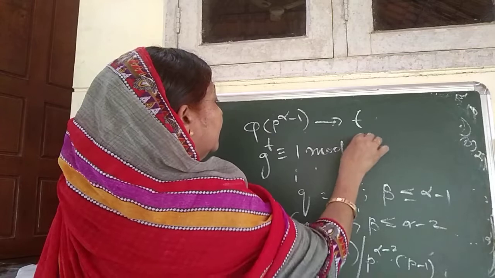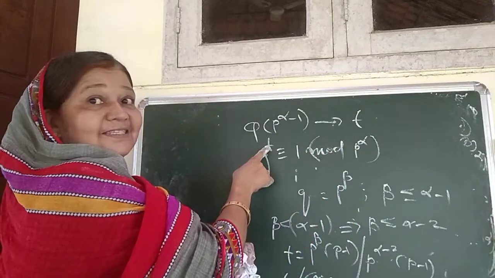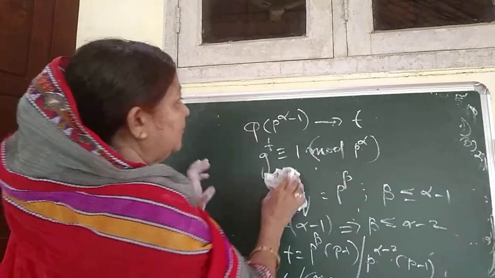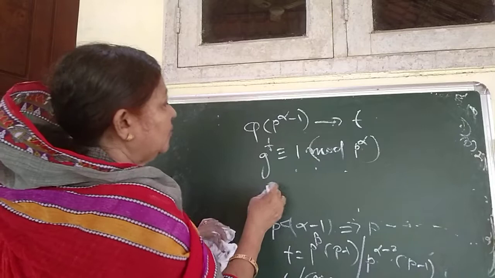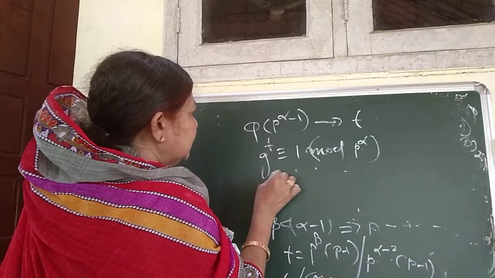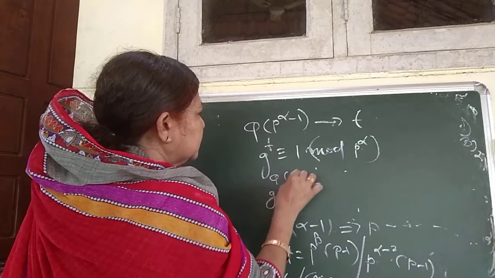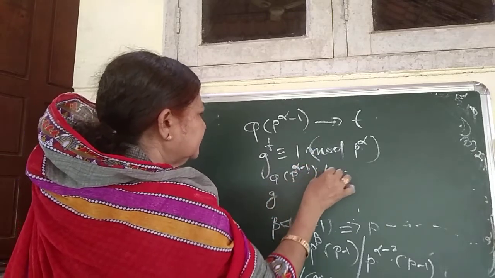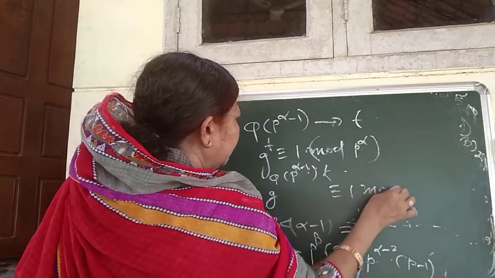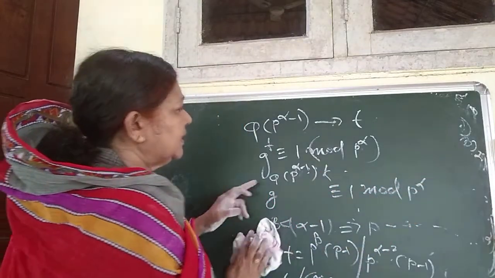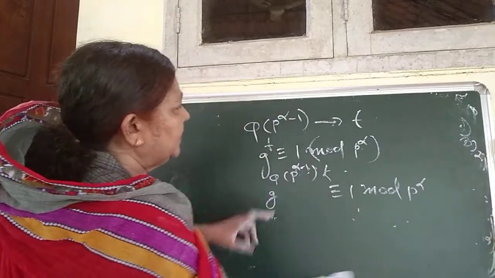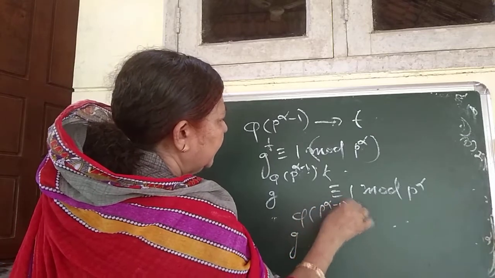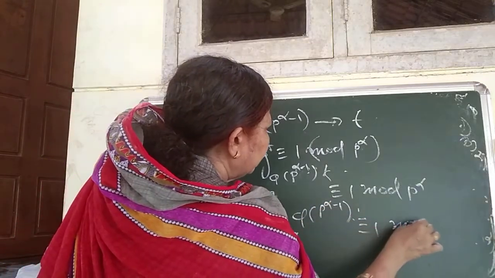We know g raised to t is congruent to 1 mod p raised to alpha, but t is a multiple of phi. Therefore, g raised to phi of p raised to alpha minus 1 is congruent to 1 mod p raised to alpha.